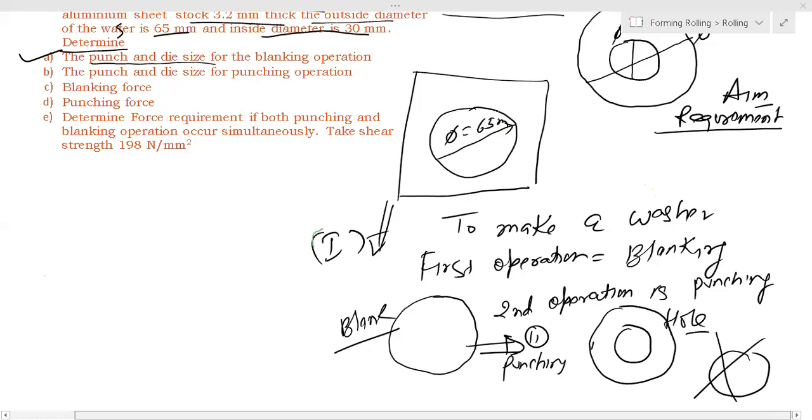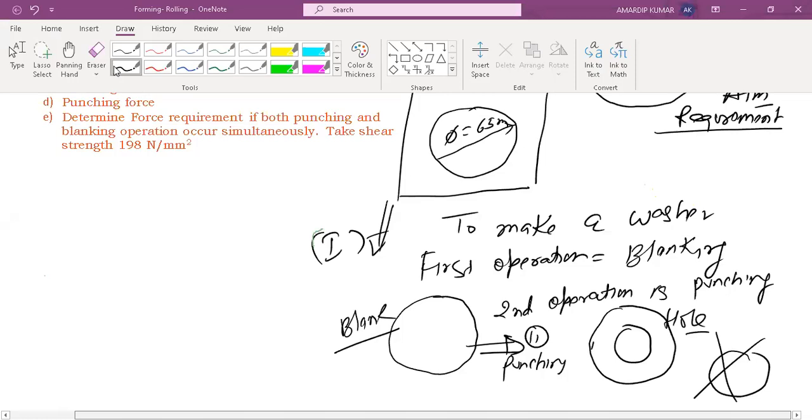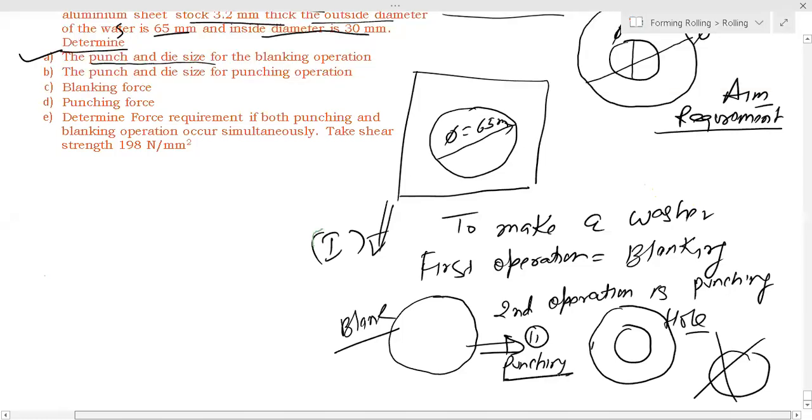So yes, clear. We are going to make a washer, and for that washer, the first operation is blanking. We have to make a blank. Then you have to make a hole. The second operation is punching, and finally this.